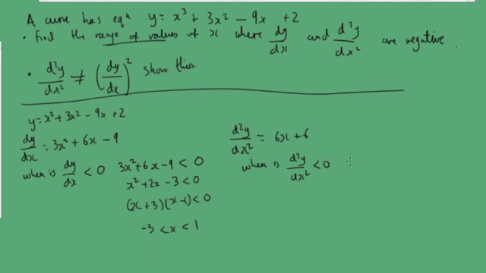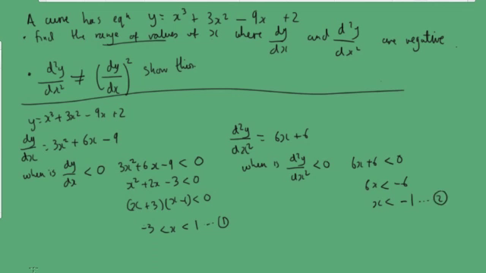So we'll solve again. 6x plus 6 less than 0. And that will be when 6x is less than minus 6, so x will be less than minus 1. So we've got these two inequalities, 1 and 2.